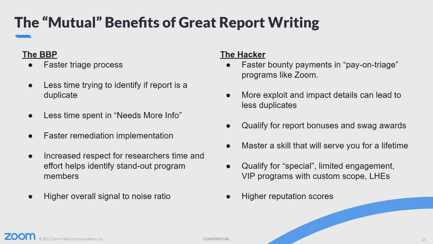The less time we spend trying to identify if a report is a duplicate, that comes into play with really good report writing, really good examples, step-by-step repro, things like that. The more exploit and impact details lead to less duplicates.